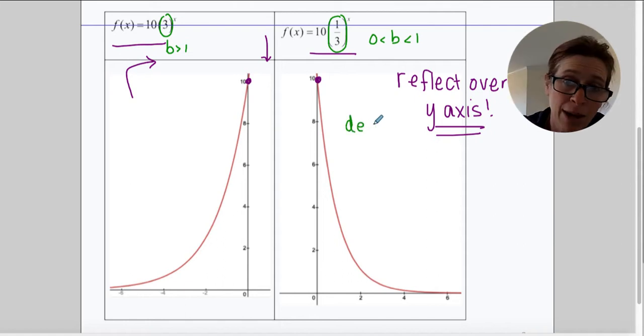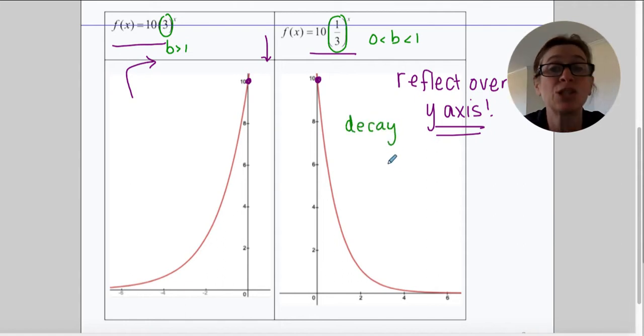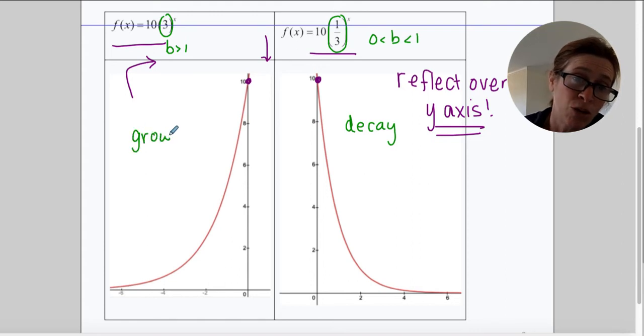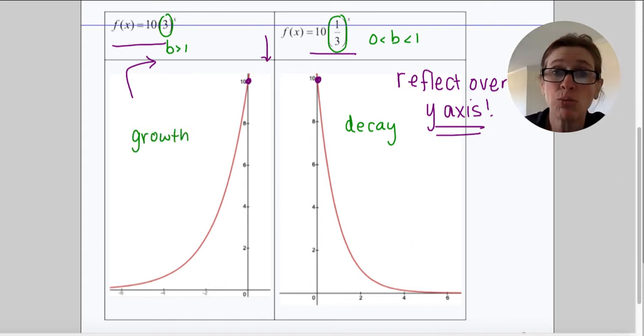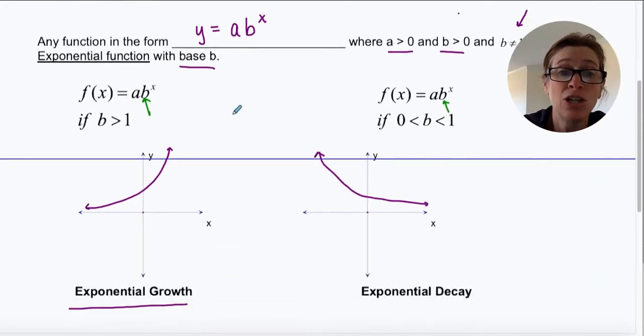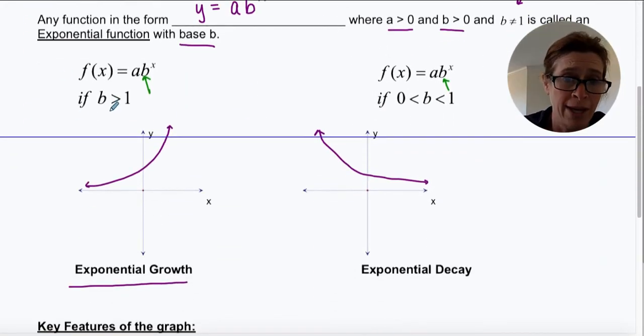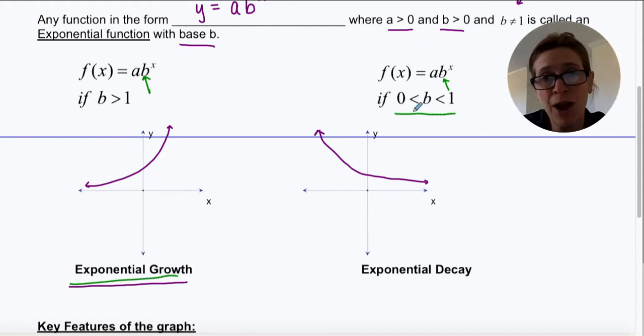This made the model reflect over the y-axis, or decay, whereas this one made it growth. And that is the rule, that's the way the function behaves. So when b is greater than 1, it will be exponential growth. And when b is a fraction between 0 and 1, it will be exponential decay.